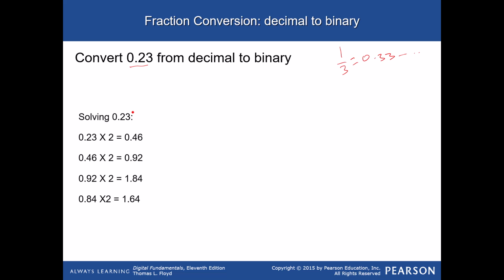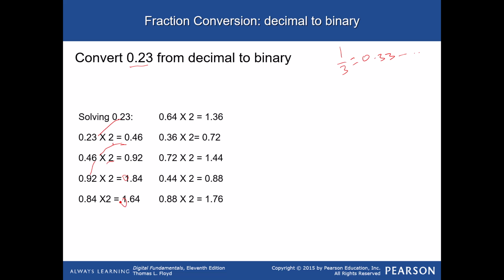We're going to do the same process. We take the number, multiply it by 2, and record whether there is a carry or not, then repeat, multiply by 2 again, and so on. We can see the carry here, as we did before.